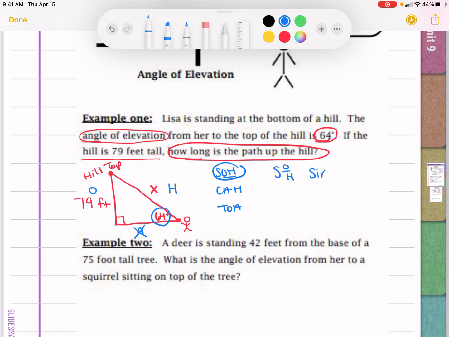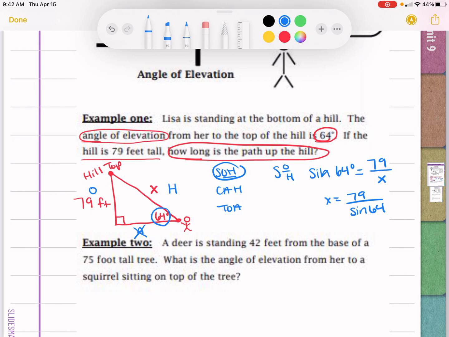So I'm going to write down sine. My angle here is 64 degrees equals. And then we put O on top, H on the bottom. So it's going to be 79 on top and X on the bottom. Remember, if X is on the denominator or on the bottom, you're going to end up dividing. So we're going to end up doing 79 divided by sine 64 since X was on the bottom.